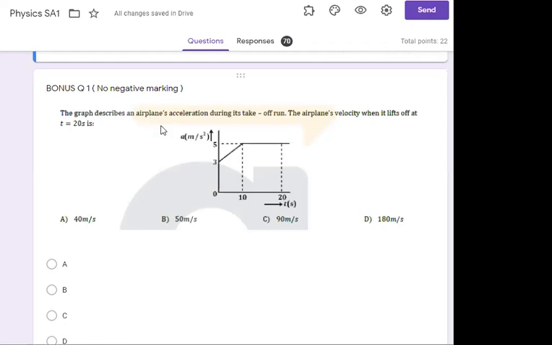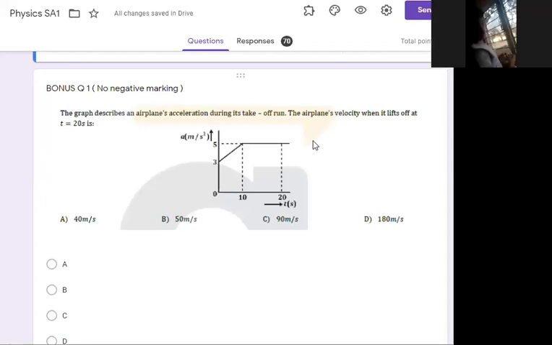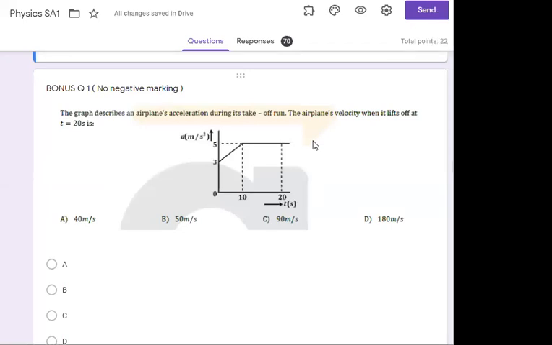A graph describes the airplane acceleration during takeoff, right? है ना? ये भी एडवांस का क्वेश्चन था. Tell me, which is the correct answer?